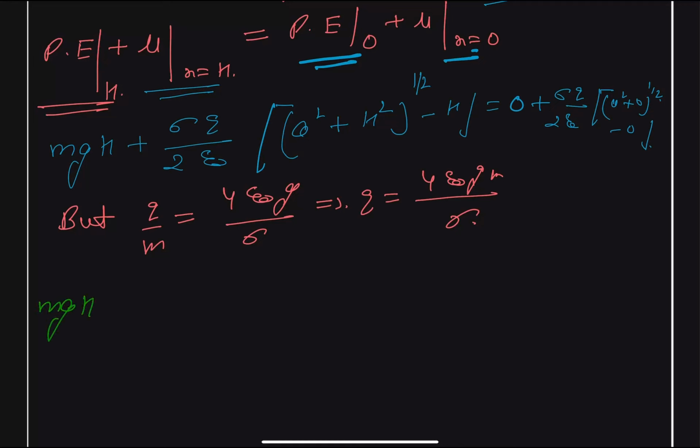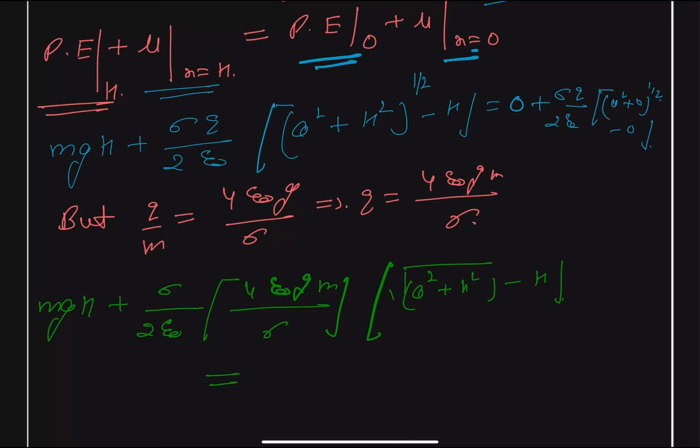mgh plus sigma upon 2 epsilon naught, and q comes as our 4 epsilon naught g m upon sigma, and this is our square root of a square plus h square minus h, is equal to, and on the right side, this will be the same, sigma upon 2 epsilon naught, and here comes 4 epsilon naught g m upon sigma, and this comes as square root of a square, and only a will be left.